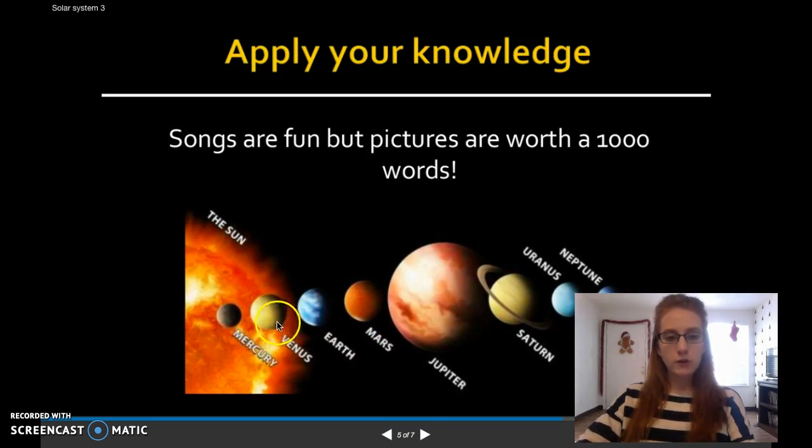So we'll have Mercury, Venus, Earth, Mars, Jupiter, Saturn, Uranus, and Neptune. I want you to be able to draw each one according to size, with Jupiter being the biggest, Saturn having its rings, have the Earth with the oceans and the water. This will just ensure that you know all of them in order.